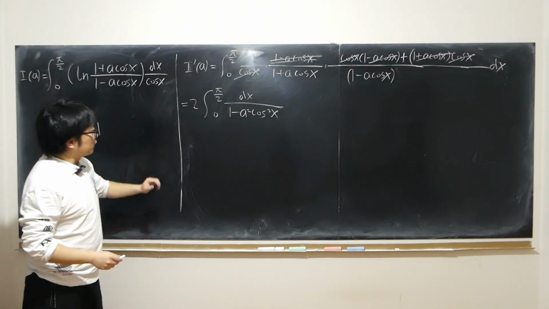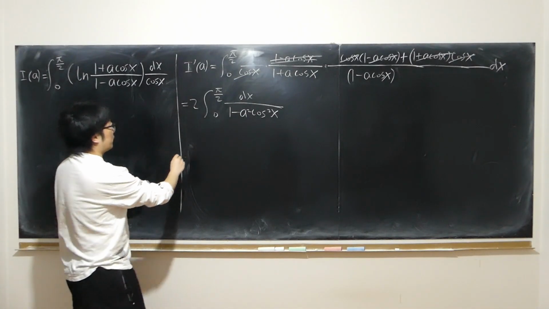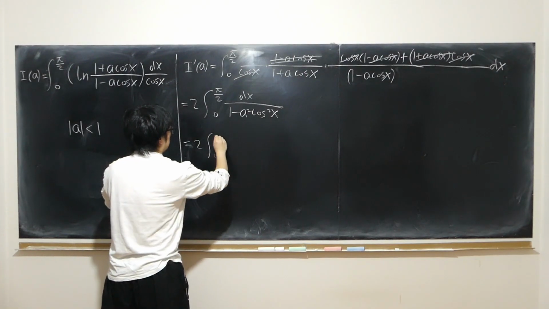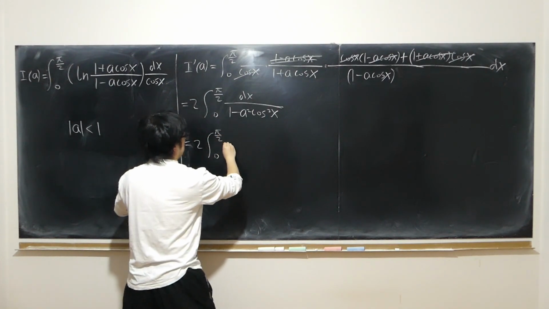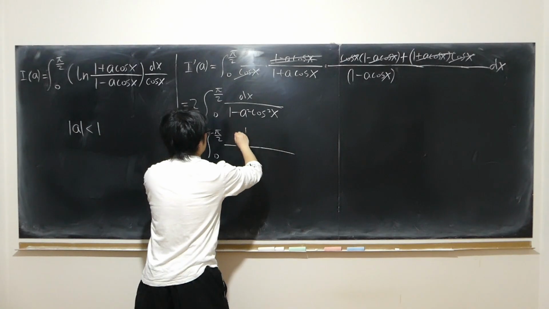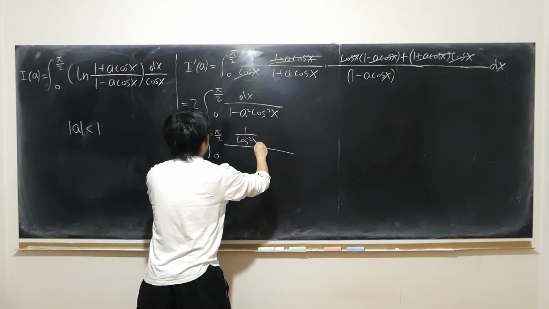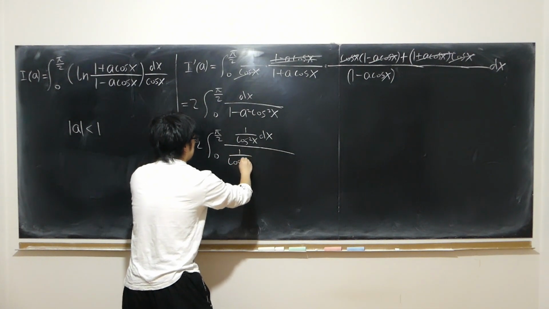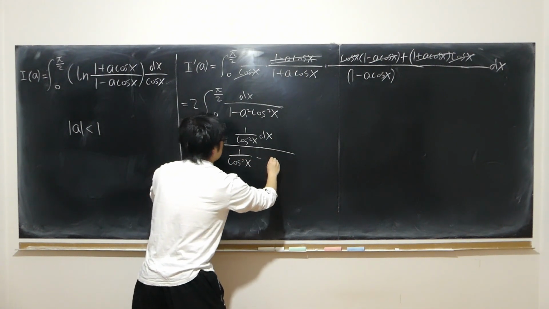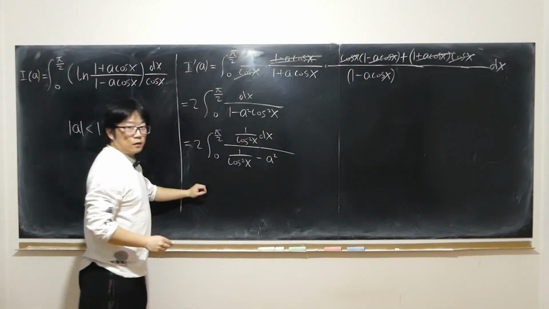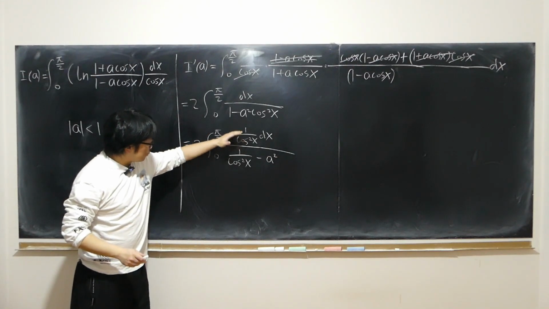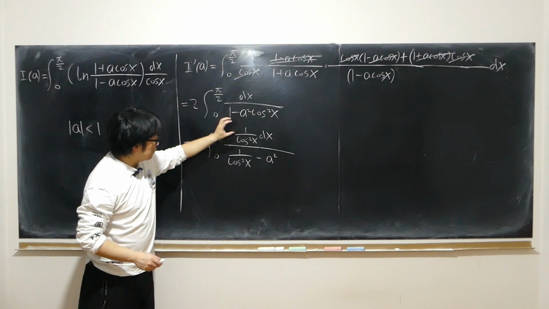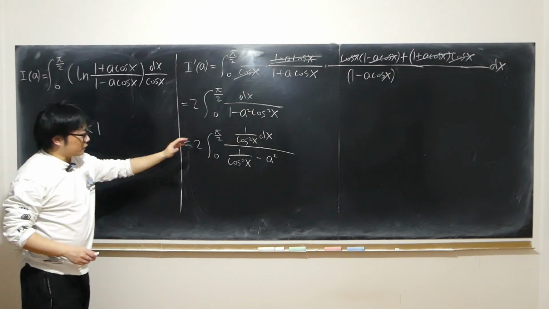So this time I say let's divide both the top and bottom by cos square. Right, because 1 over cos square and 1 over cos square minus a square. Because this time we notice that 1 over cos square x dx is exactly d tangent x.